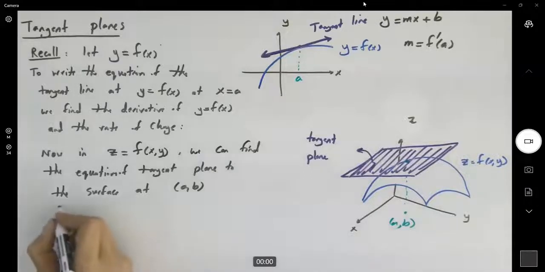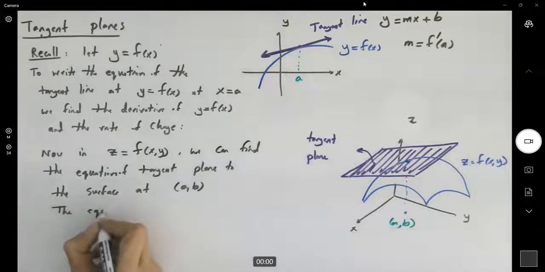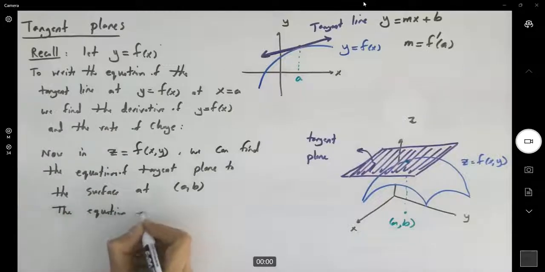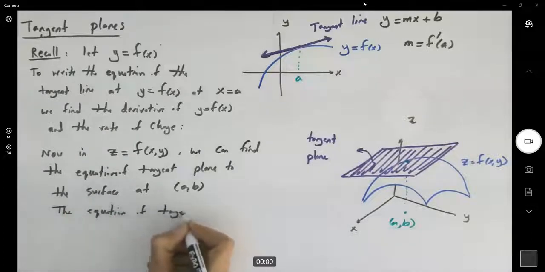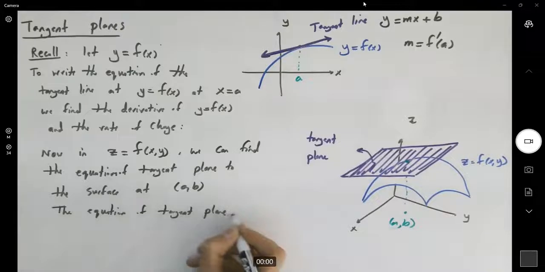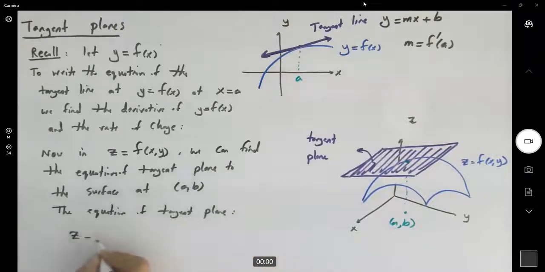The equation of the tangent plane is written as z minus z sub 0 equals, you're going to take the partial derivative of f with respect to x and calculate that at a and b.